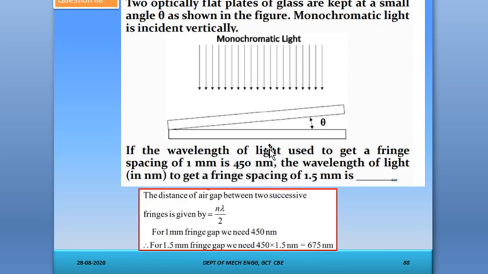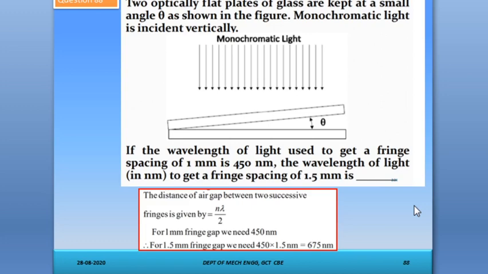For 1 mm, it is producing 450 nanometer. The question asks for the wavelength of light in nanometer needed to get a fringe spacing of 1.5 millimeter. The problem is from optical flat.